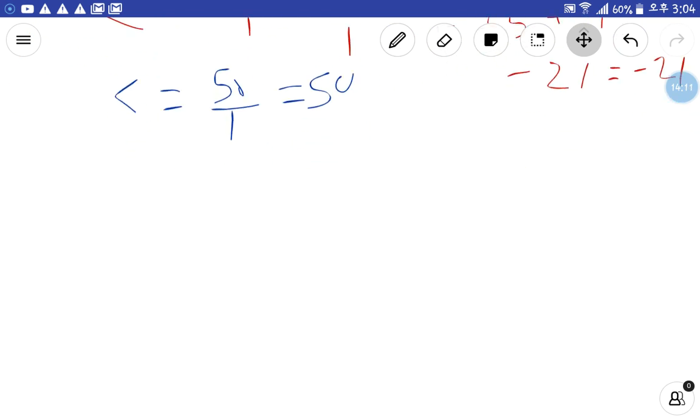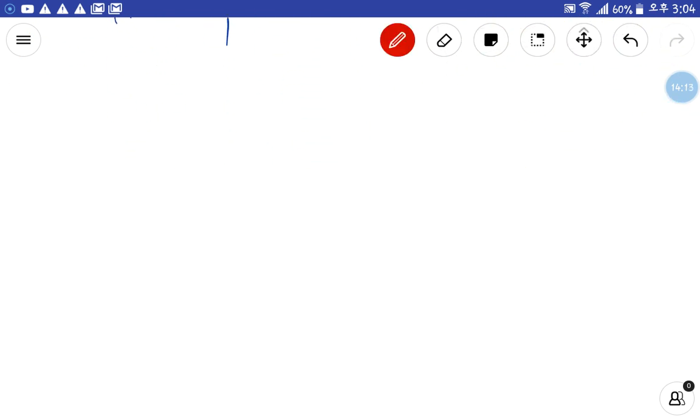Alright, our last question. Let's go. B. I have 2 over 3 times m minus 6 equals 3. So this one you can approach 2 ways. First one, you can distribute everything and then solve. Or you can multiply by the reciprocal of 2/3 so that you can cancel out the number in front of the parentheses.